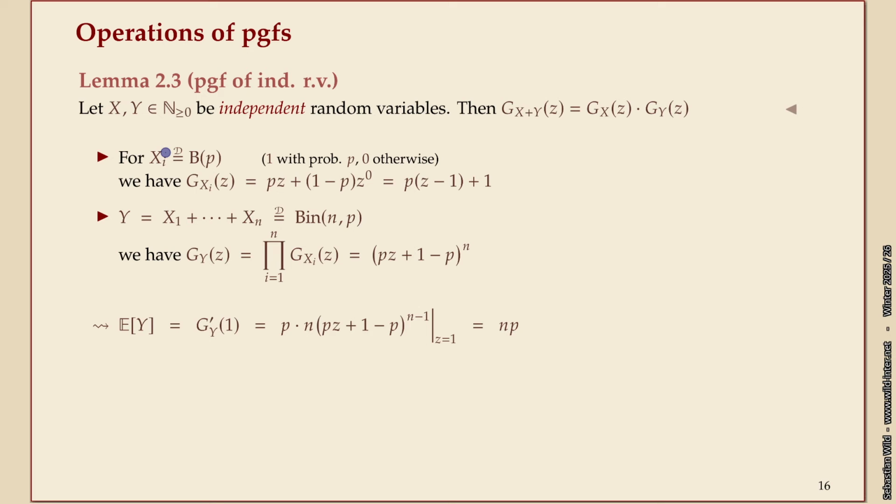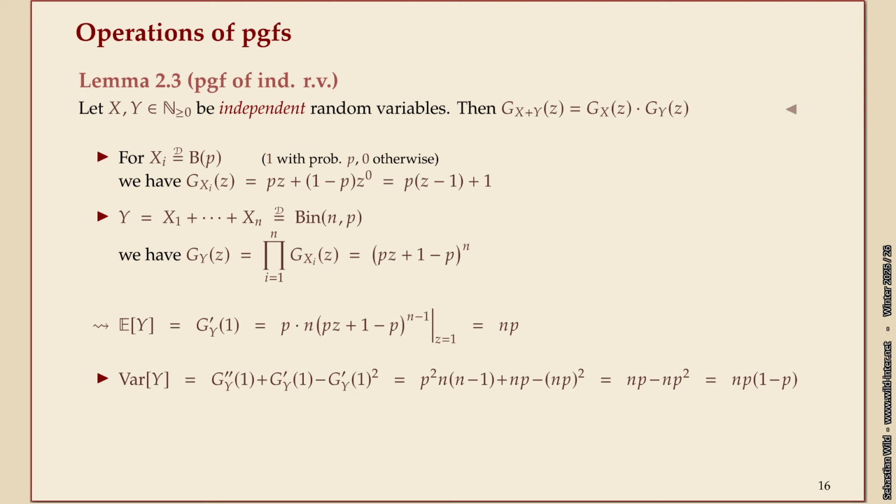Okay, that's not hard to do otherwise, but the variance I can never quite remember, and you don't have to. You can take the formula from before. If you take the second derivative and plug in, then you get this lovely term, and the other two are the expectation minus expectation squared. You can rewrite this in the somewhat more typical form, n times p times q, when you set q to 1 minus p.